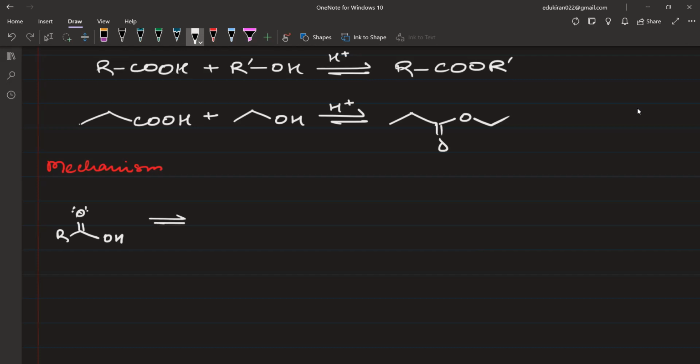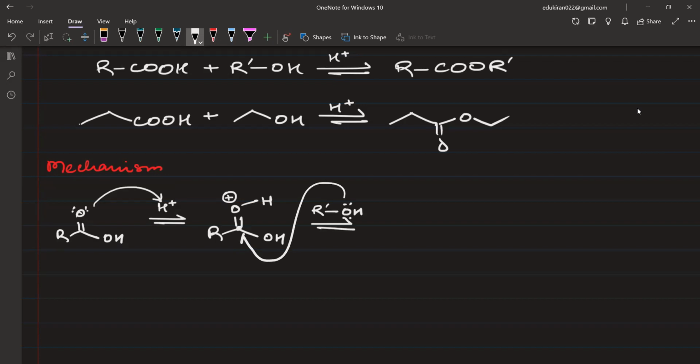And in acidic medium, this oxygen atom will attack on the H plus and you will get R double bond O bonded to hydrogen with a positive charge, and it will have OH. Now this carbon atom will be delta positive because it is connected with one oxygen here and the other oxygen here. So the R dash OH alcohol here, its oxygen atom with its electron pair will attack on the carbon atom which is doubly bonded with the oxygen.